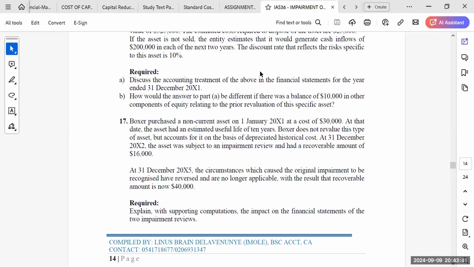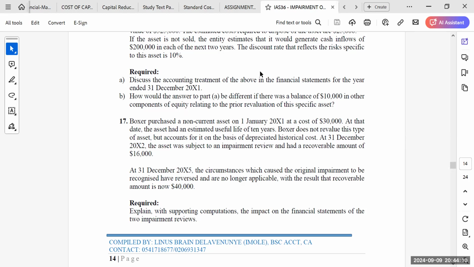At 31st December 20X5, the circumstances which caused the original impairment to be recognized have reversed and are no longer applicable, with the result that the recoverable amount is now $40,000. Required: explain with supporting computations the impact on the financial statements of the two impairment reviews.